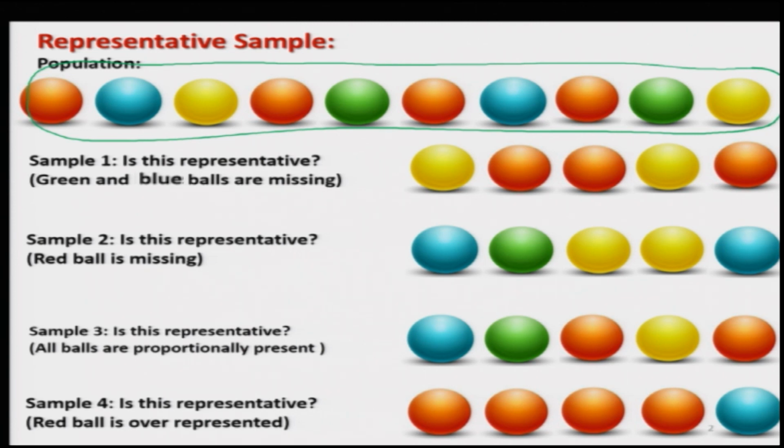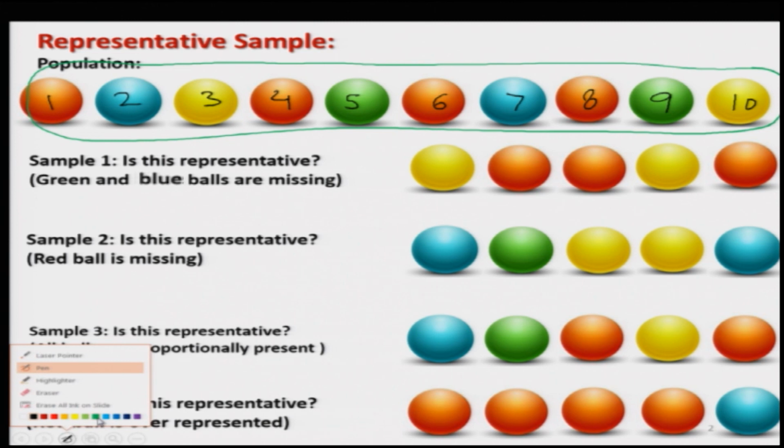If you want to convert them into a sampling frame, a better option is to write the numbers 1 to 10. Now this becomes a sampling frame, but anyway, I am not considering it as a sampling frame. I will simply take it as a sample, because my idea is to tell you about the representative sample.